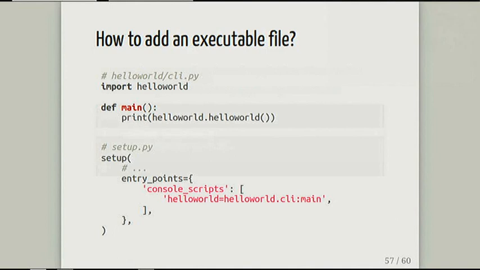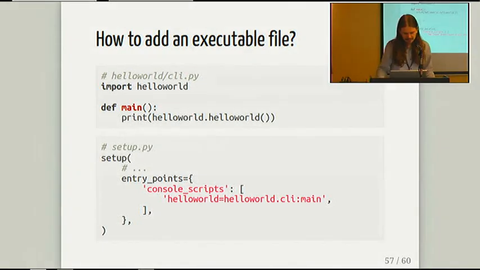And how to add an executable file. I want people to be able to just run hello world on the command line. So we just add a new file to our package, helloworld/cli.py, for example. This new file just imports the package and has a small function that prints the results of the method.